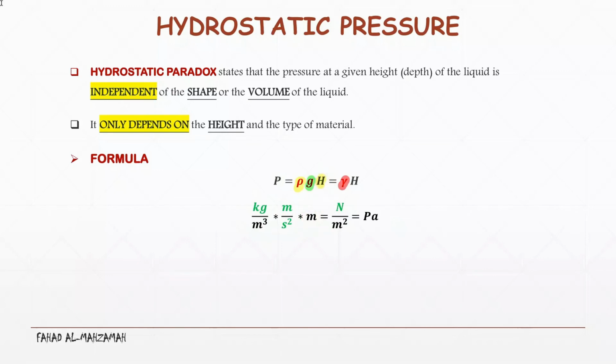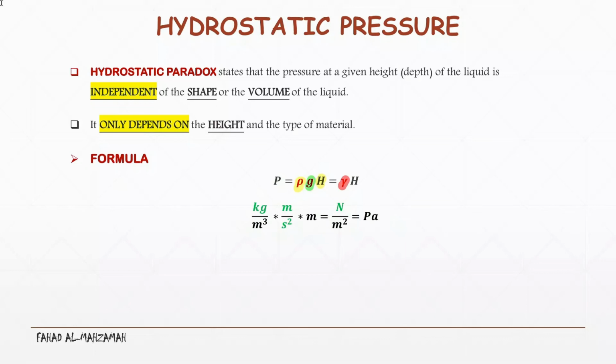Knowing that kilogram meter per square second, which is mg, is equal to Newton, and we can cancel the meter with one of the meters in the denominator, we end up with meter square in the denominator. So the pressure unit is Newton per square meter, which is again Pascal. So we don't change that much.